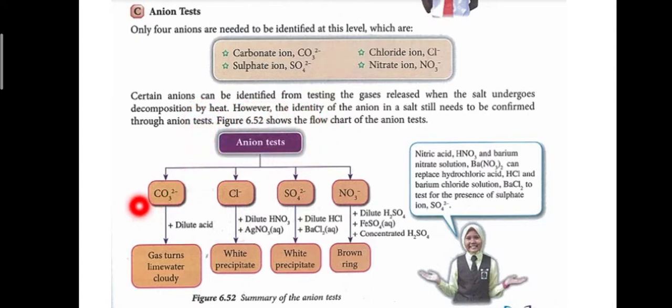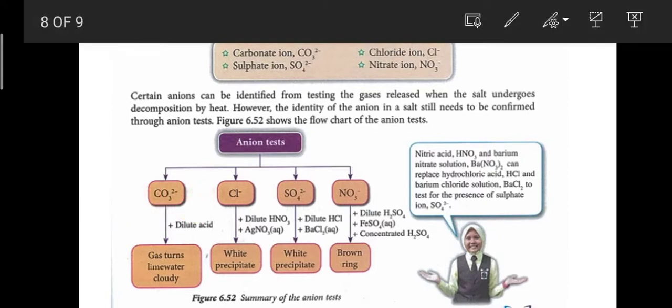So this one, for carbonate ion, you add dilute acid. Okay, add dilute acid. The gas turns lime water cloudy. Okay, and then for chloride ion, add dilute nitric acid and then add silver nitrate solution.